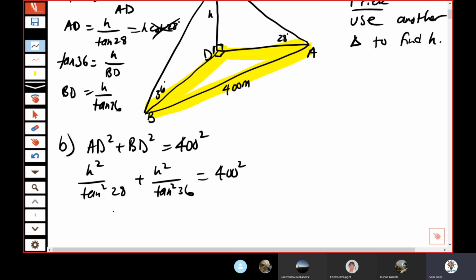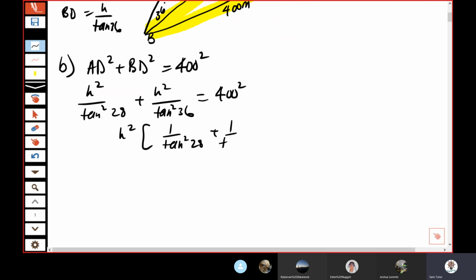Factorize your H squared out. You're solving for H, so factorize your H squared out. You're left with this. Plug this into your calculator and then just go 400 squared divided by this answer.